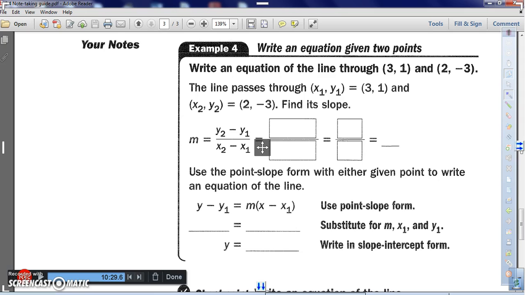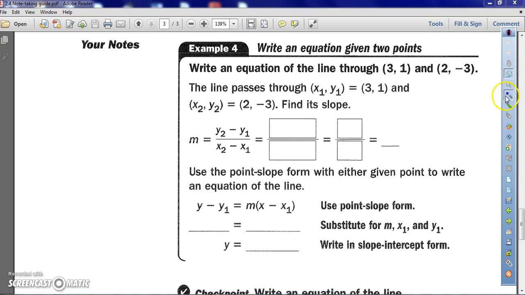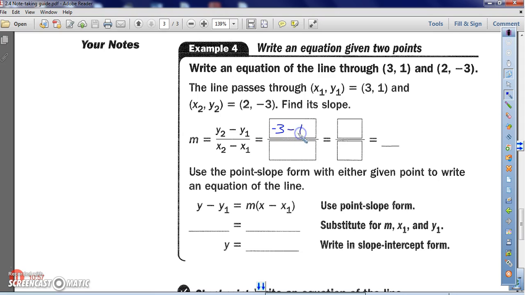So I'm going to go y2, that's negative 3, minus y1, which is 1, over x2, that's a 2, minus x1, which is a 3. And so that's negative 4 on the top, and negative 1 on the bottom, which gives me a slope of 4. So there's my slope.